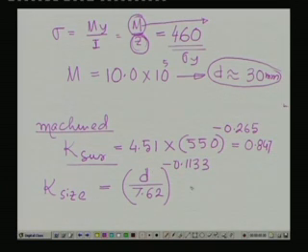So we substitute the value of D as something like 30, and this gives us a value of 0.856.